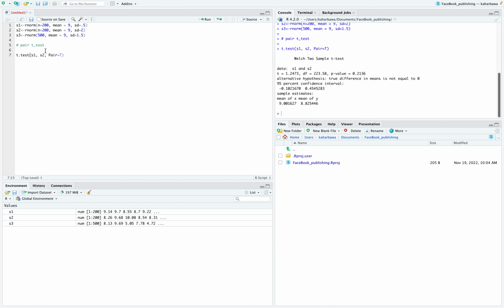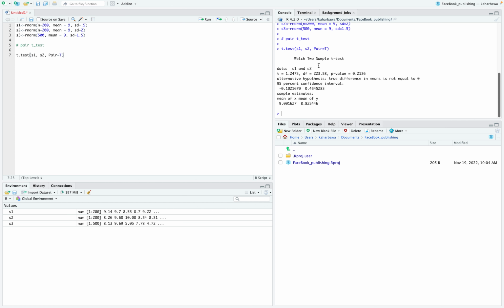Actually, we want to see with the t-test whether the two samples are the same based on the mean or not. So basically it means the difference in mean of the two samples is negligible, the difference is zero, meaning that the mean of each of these samples is the same. That's what the null hypothesis of this test is about.